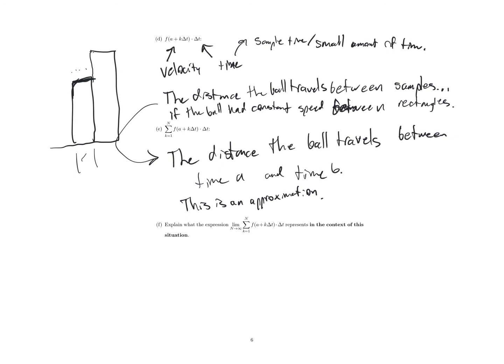So what happens if we take the limit as n approaches infinity? If we take infinitely many samples? Well, we don't have to approximate. This is the true total distance the ball travels.